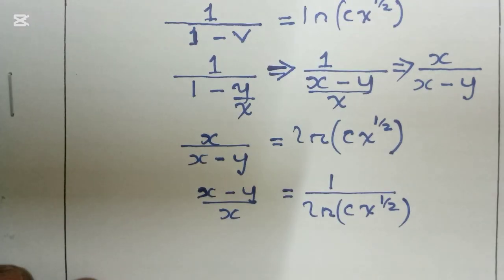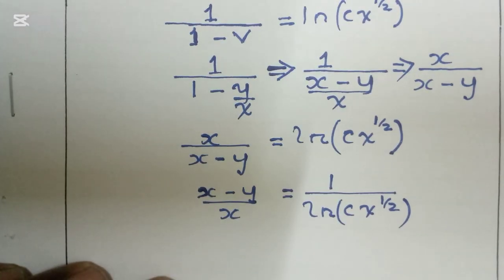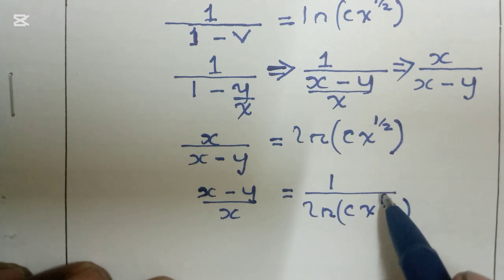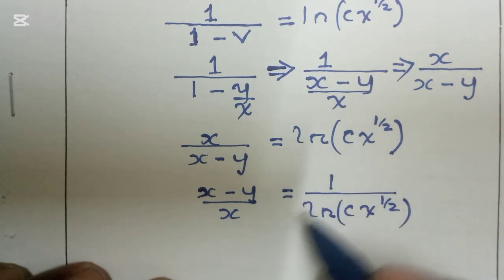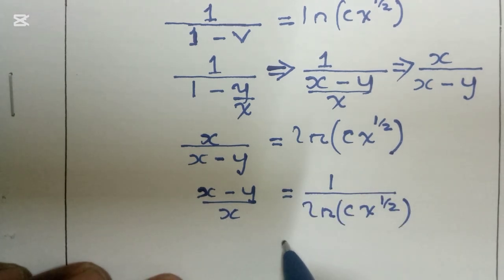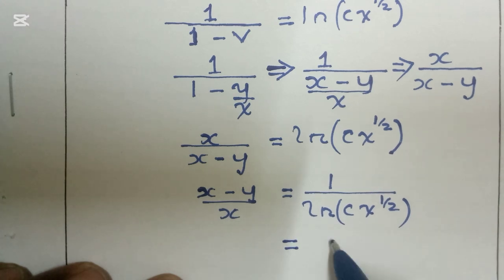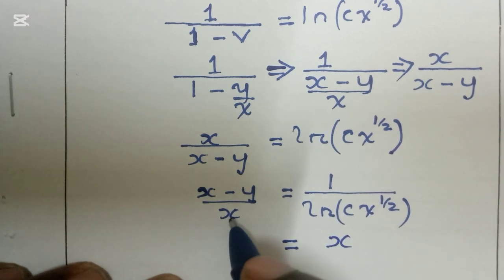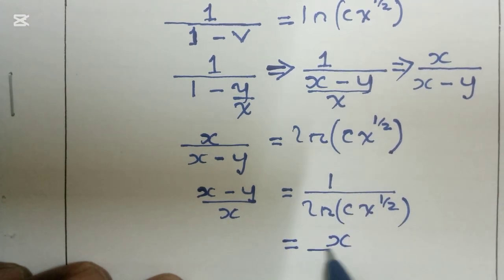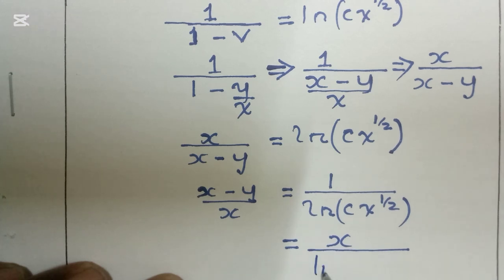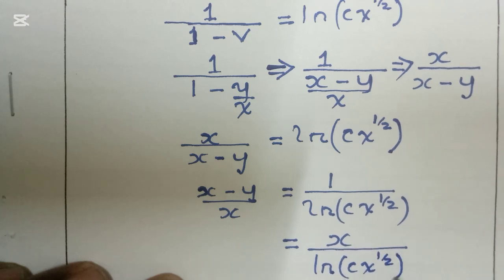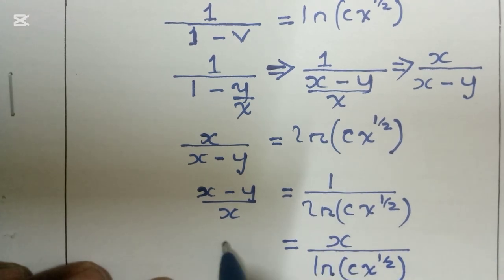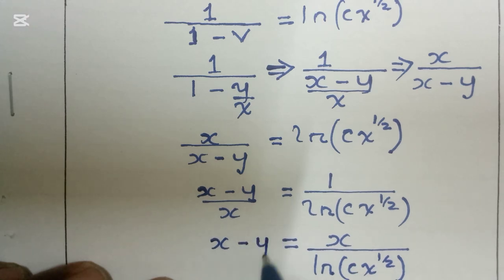So that now guys, I can come and multiply this side with x. I can come and multiply this and multiply like this. I'll put x here. This is x, I bring it here. Then our ln is there. Then c x raised to a half, close the bracket. This other side we have x minus y.